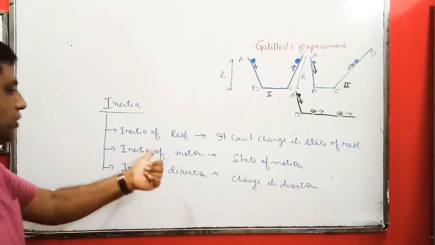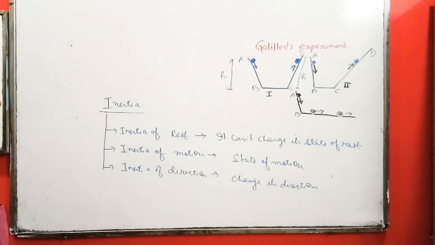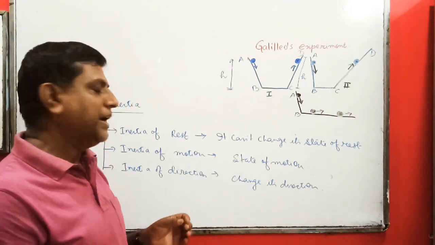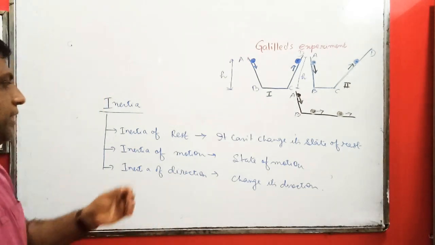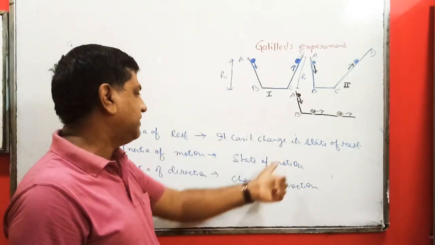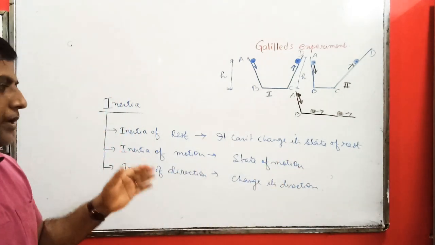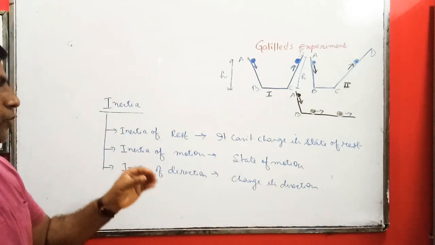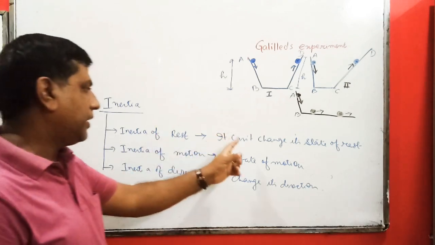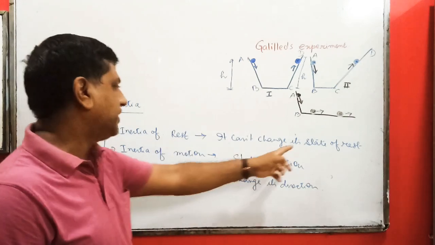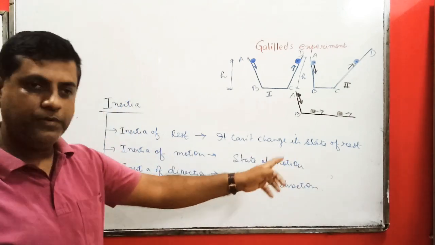Inertia of motion, again same definition. The inherent property of a body by virtue of which it cannot change its state of motion. Previous one is state of rest, second one is state of motion.